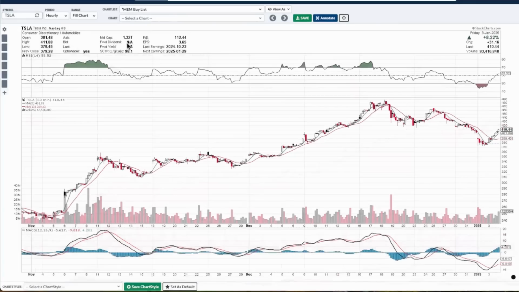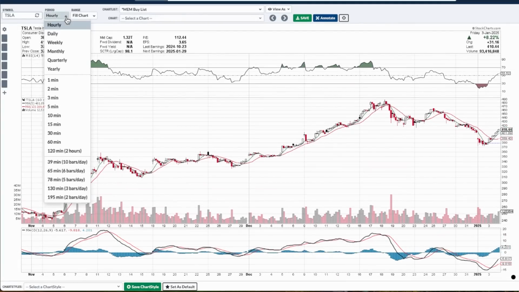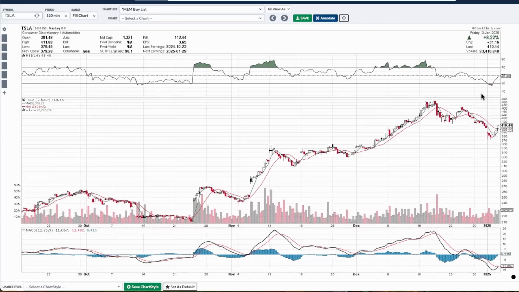Now, coming out of that oversold, from here, we can go to a 2 hour chart and you'll see that this oversold condition is taking us back to the end of September. It's not a common occurrence. So when we come out of a deeply oversold position with that RSI below 30 on this 2 hour Tesla chart, you can see that the advance potential is really there.